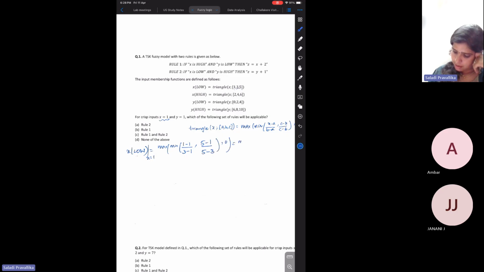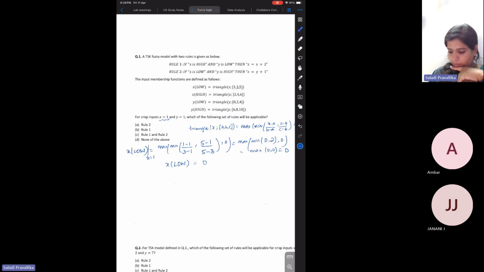Which is equal to max of minimum of 0 divided by 2, comma, 4 divided by 2, which is 2, comma 0, which is equal to max of 0 comma 0, which is equal to 0, right? So we got x low equal to 0.